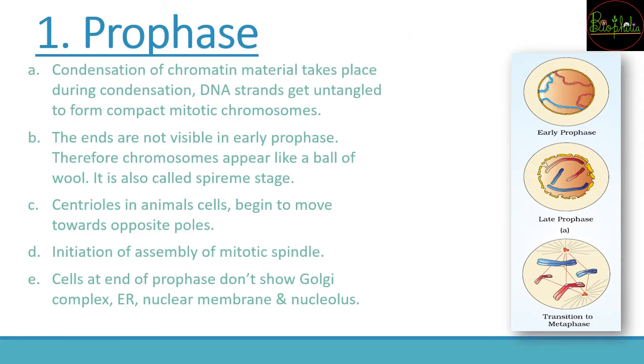In prophase there are certain changes that occur in the nucleus, because prophase is the first stage. The word pro means first, and phase, as you know, means stage. So it is the first stage of karyokinesis, the nuclear movement.